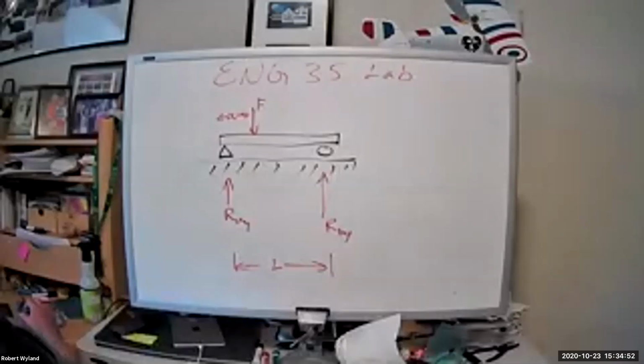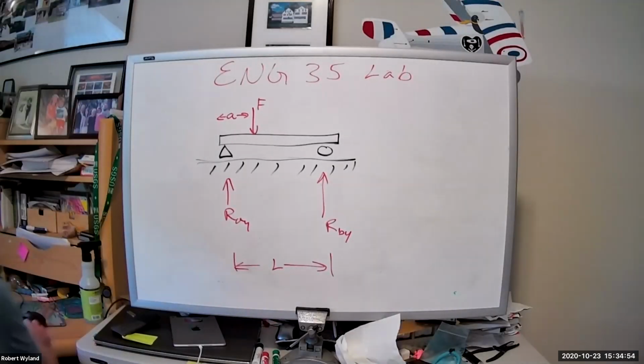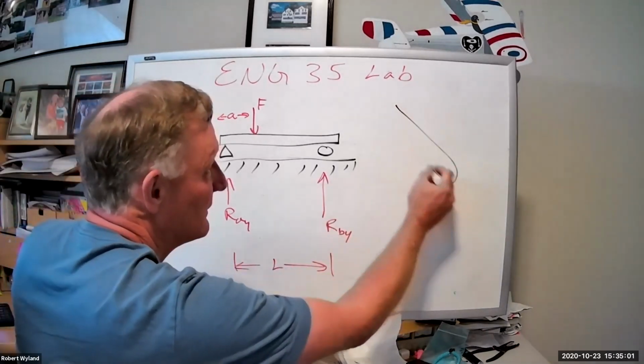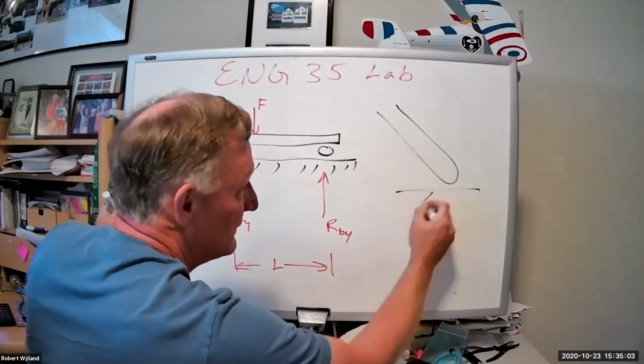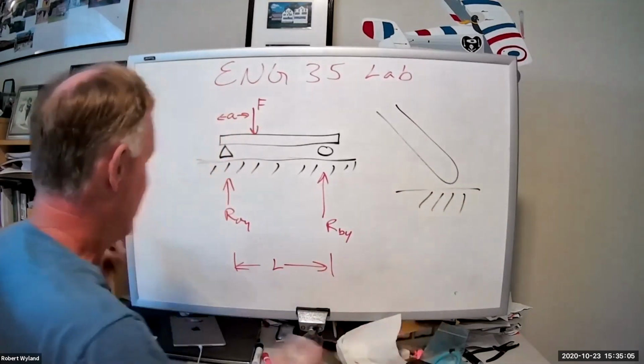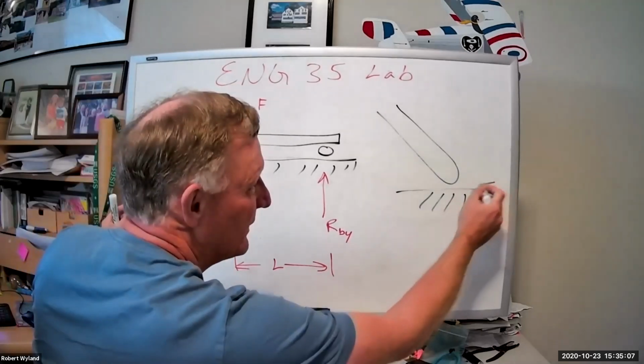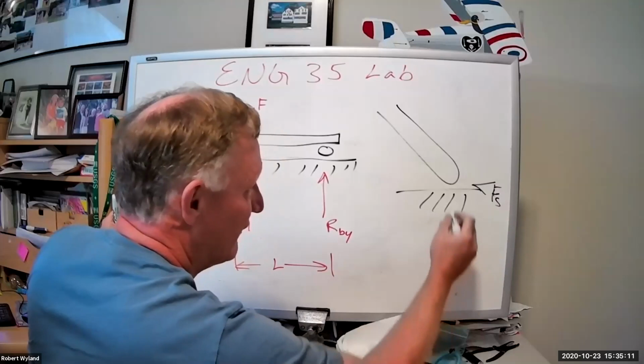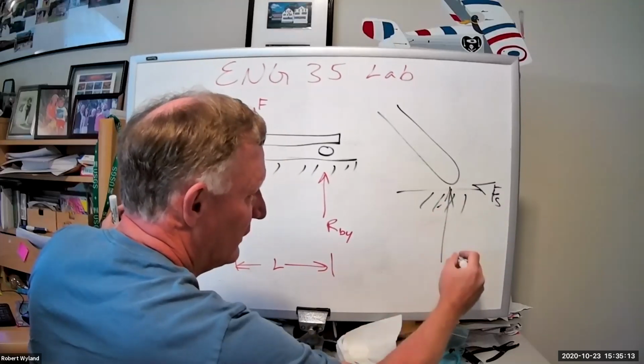Yeah, well, hang on a second. So if we look at just the pencil end, if we just said it was friction, and this is really the right way to draw it, then we would have a normal.